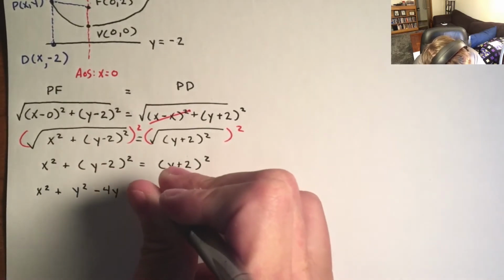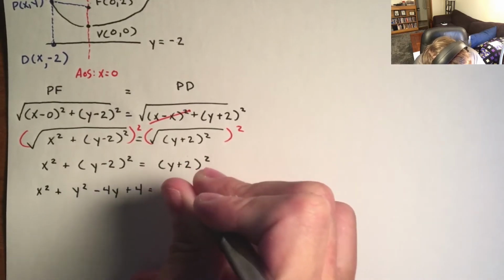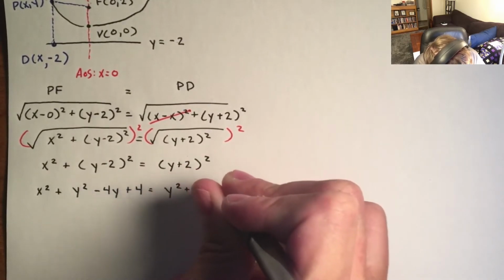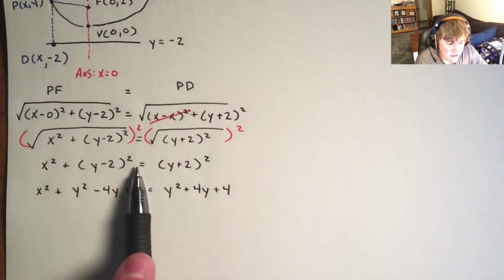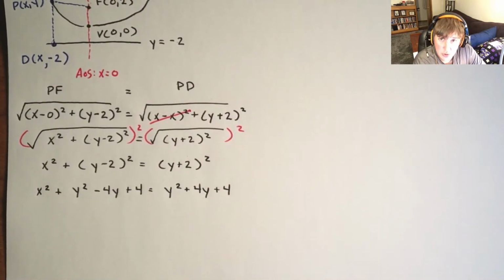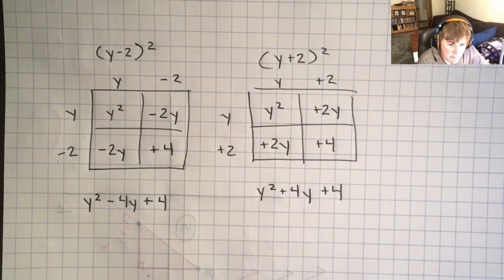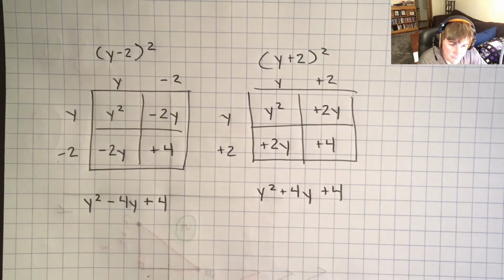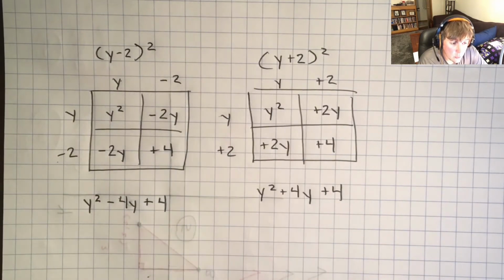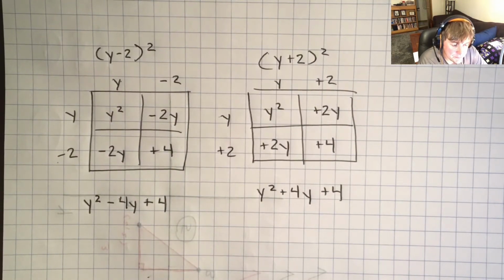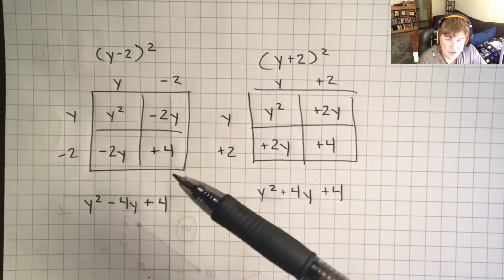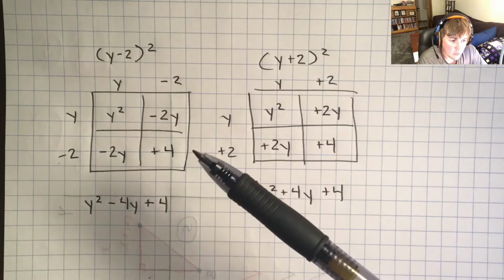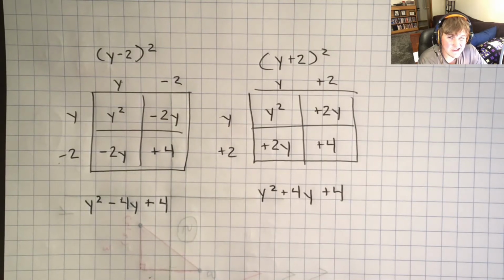And this is equal to y squared plus 4y plus 4. Okay, I'll show the work for me doing the box method on this very briefly, just so you know where it came from. That's me doing the box method on y minus 2 squared. That's me doing the box method on y plus 2 squared. Now again, this is expected to know, this is 100% review, so I really don't want to spend a ton of time going over where this came from because we have other more pressing things to get to.